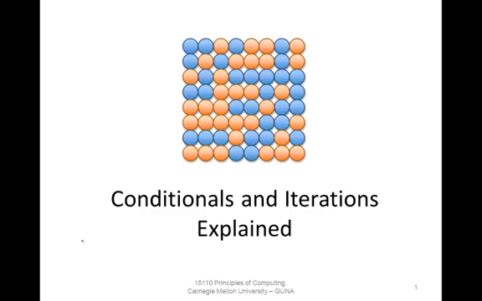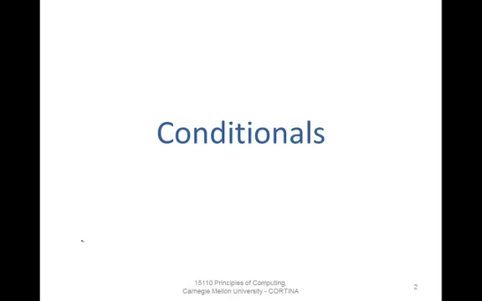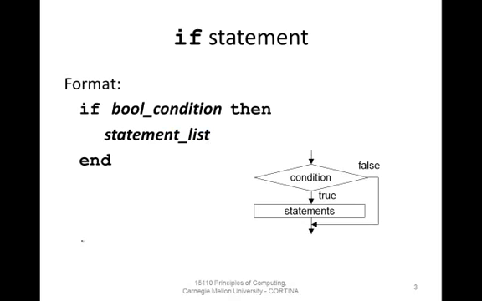So let's talk about some of the basic ideas, and then I'm going to show you how you convert those ideas into Ruby code. All right, so let's start with conditionals. And the basic idea of conditional is that we have a construct in Ruby or many languages called the if statement.